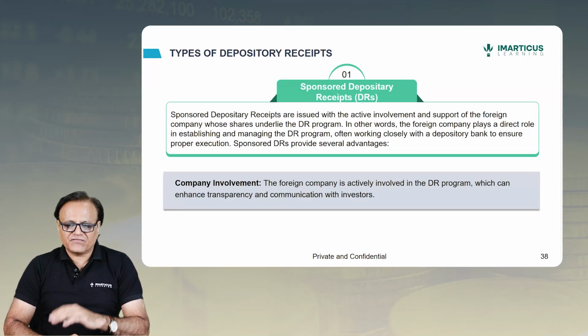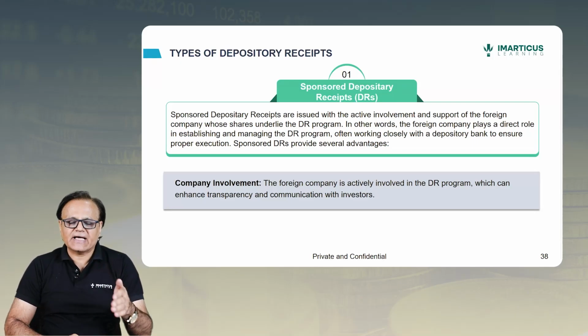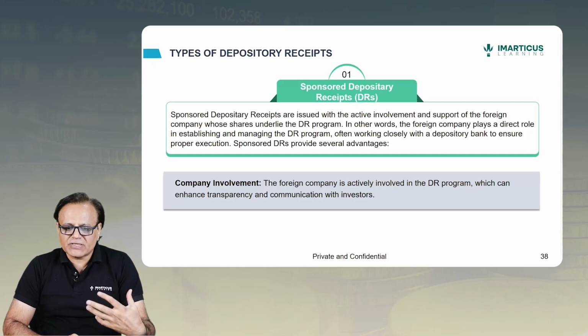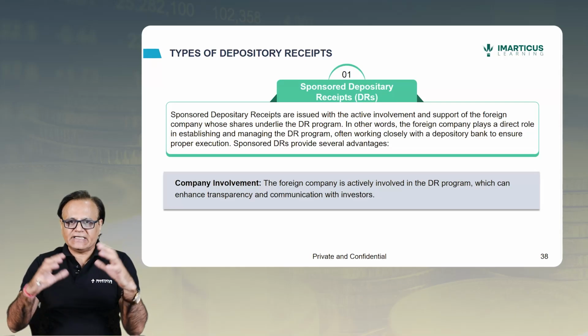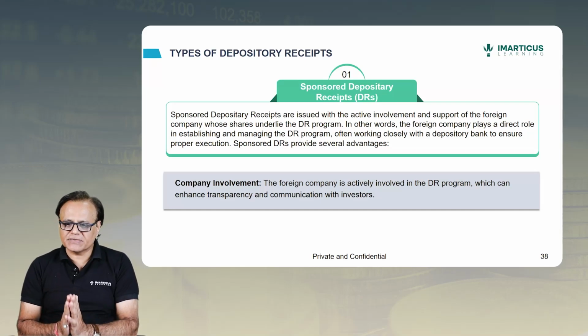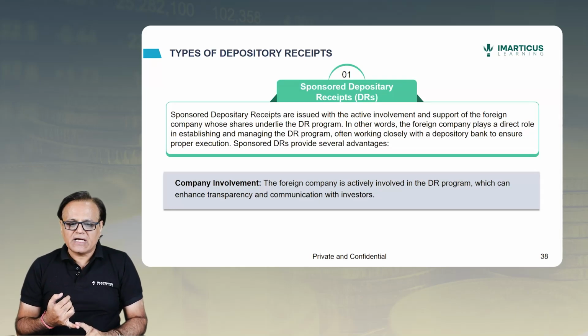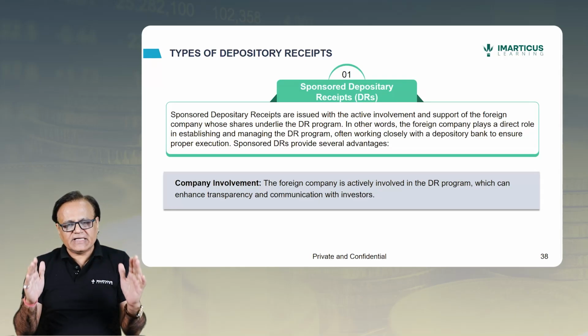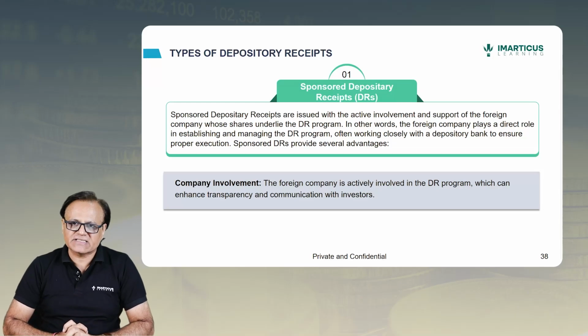In other words, the foreign company plays a direct role in establishing and managing this entire issue process, often working closely with the depository bank to ensure there is proper execution and there is a trading as well as a settlement mechanism in place.